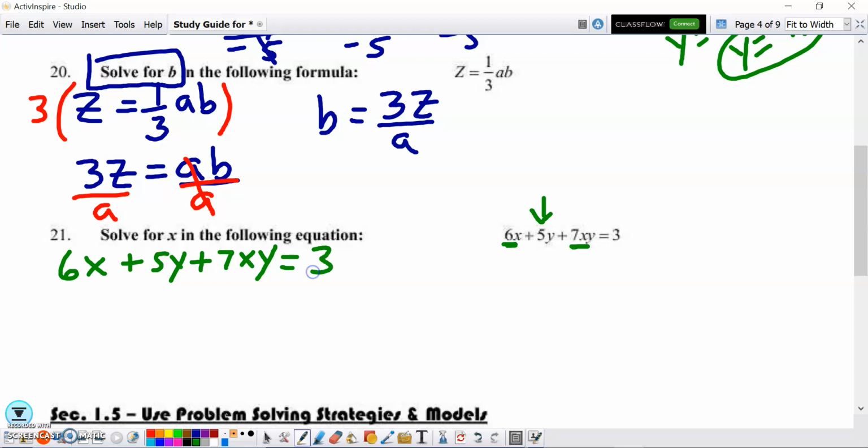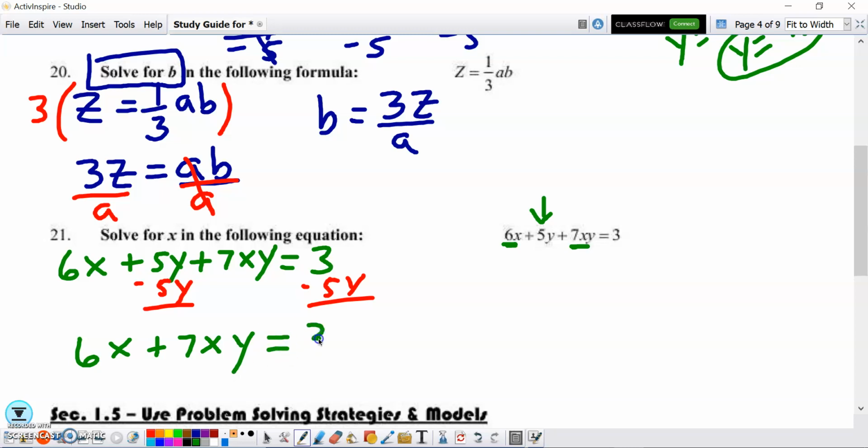Well, the first thing I'm going to do is get rid of the term that does not have an x in it. So I'm going to get rid of that 5y. So I'm going to subtract the 5y from both sides. And I'm going to rewrite it because I want to keep the two terms that have x in it on the same side.